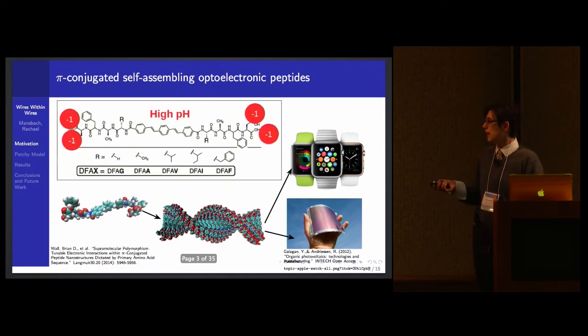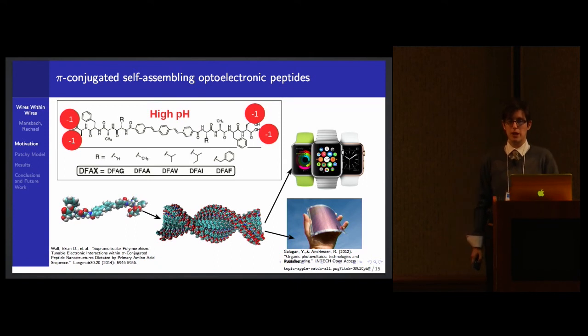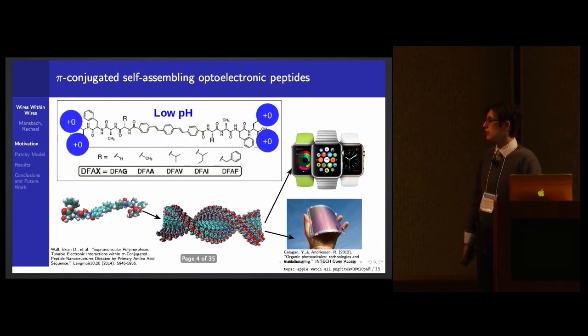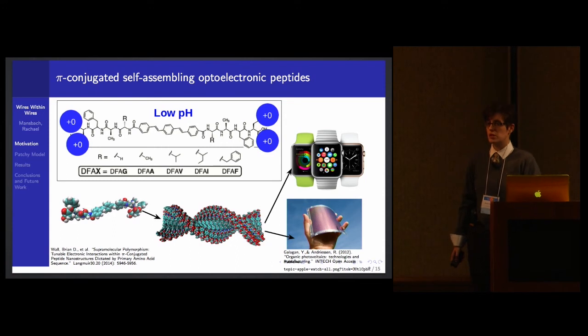Well, at high pH, the aspartic acid termini are deprotonated and negatively charged, so these small proteins tend to repel one another. But when the pH is lowered, they become protonated, which leads to a minimization of electrostatic repulsion and large-scale self-assembly.